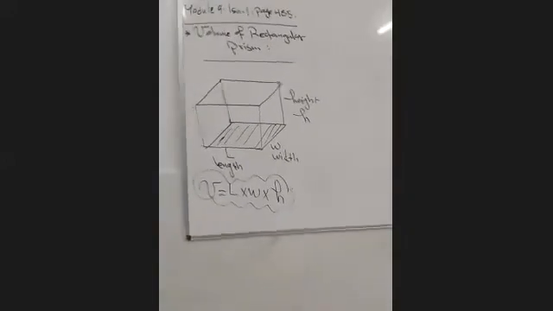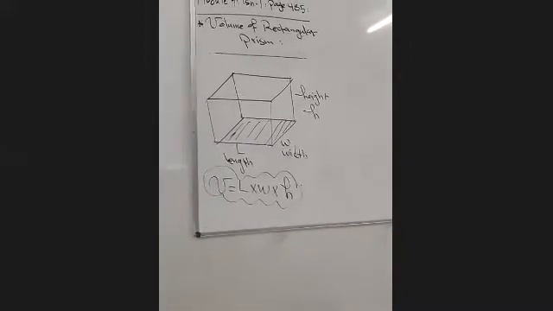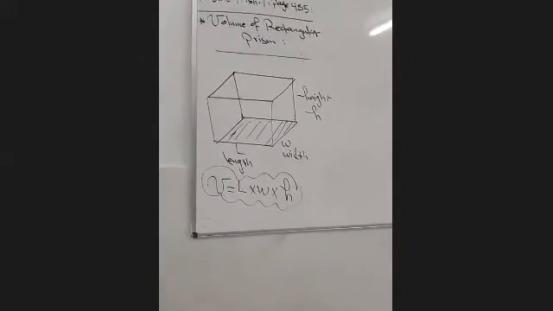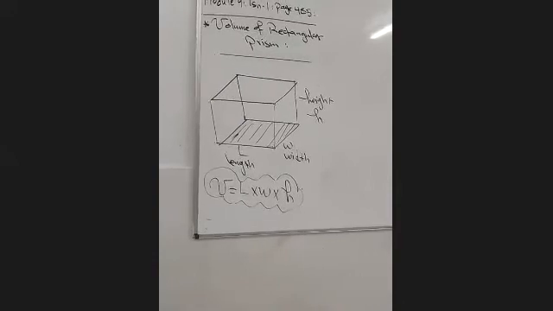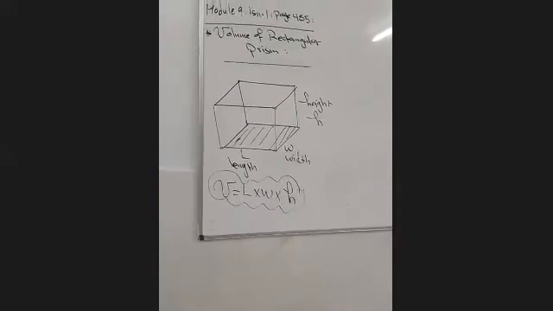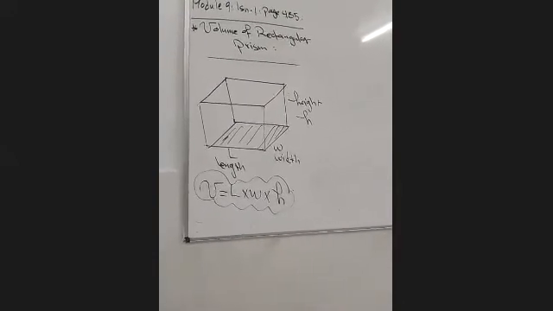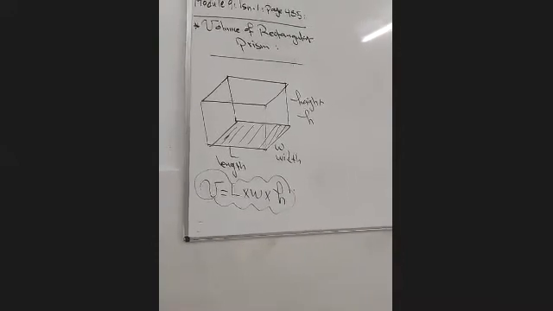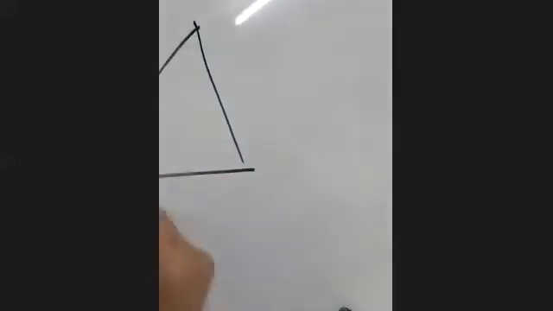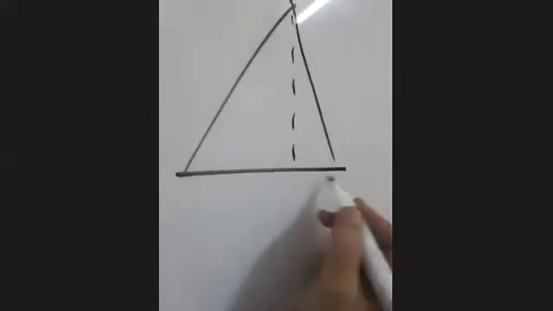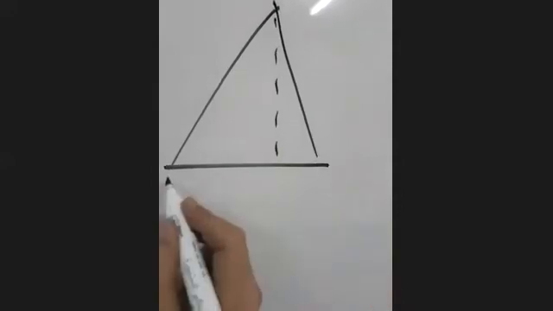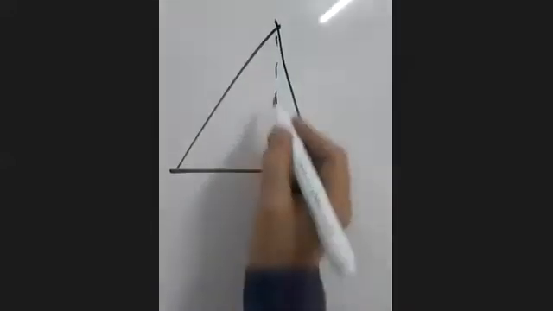I have another student here. Yes, Hamza. Mr., what's the difference between the base with big B and the base with small b? Remember the triangle? What do we call this line? The base. And this line? The height.